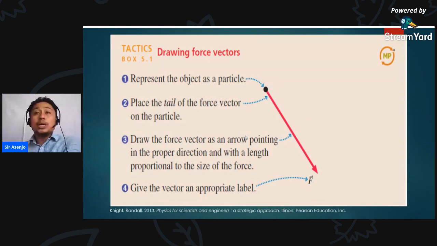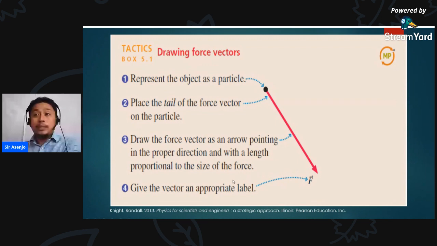First, represent the object as a particle. In this case, this one particle. Then second, place the tail of the force vector on the particle. This is the tail. You have to place the tail of the arrow. Then third, draw the force vector as an arrow, pointing in the proper direction and with the length proportional to the size of the force, which means the longer the arrow, the greater the force represented.